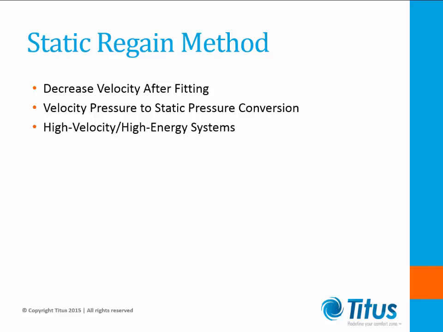The higher velocities equate to a greater potential pressure to be regained. Smaller systems or systems with lower velocities do not offer adequate potential pressure to be regained to make the system work, and therefore we do not see it generally in office buildings.